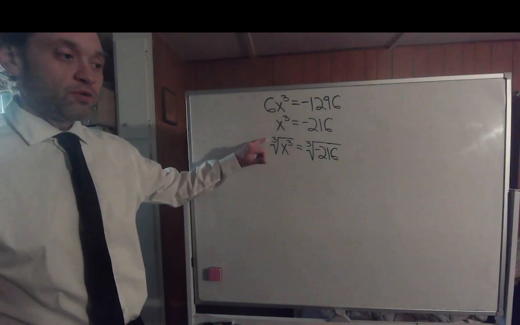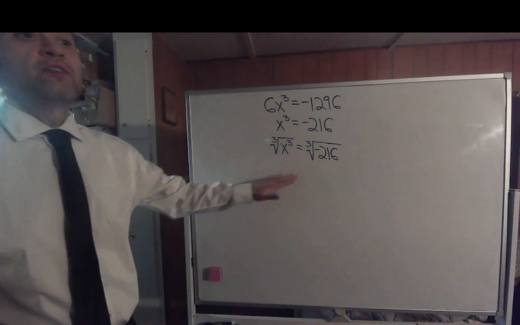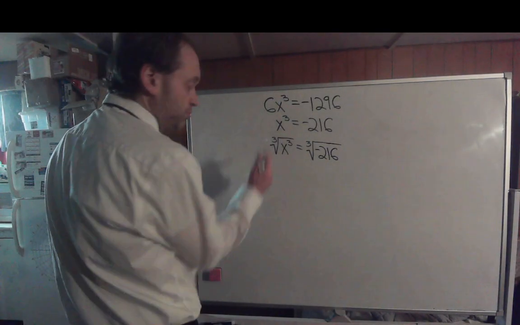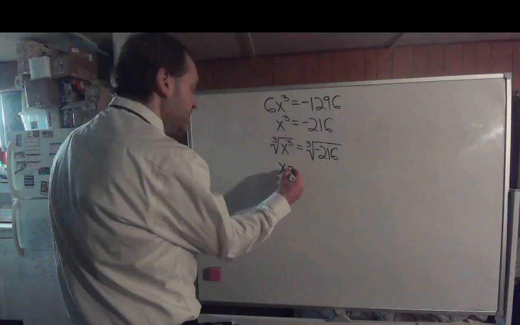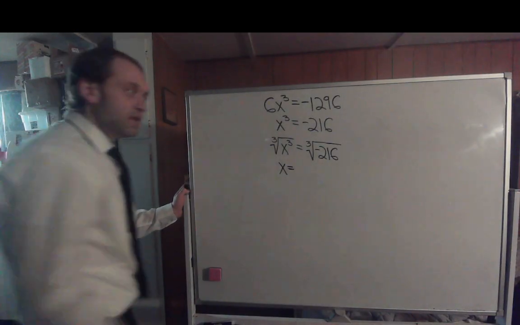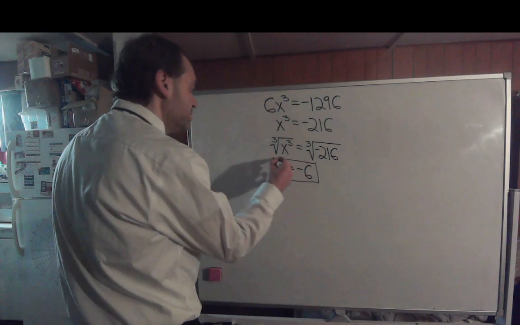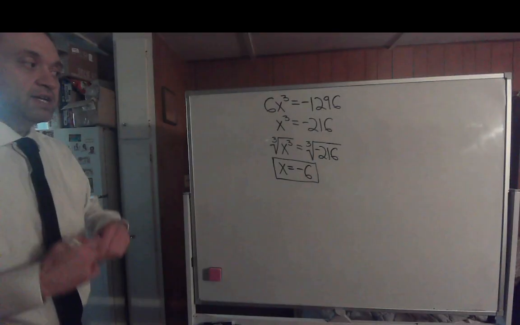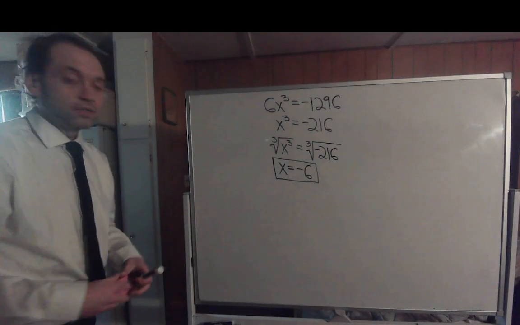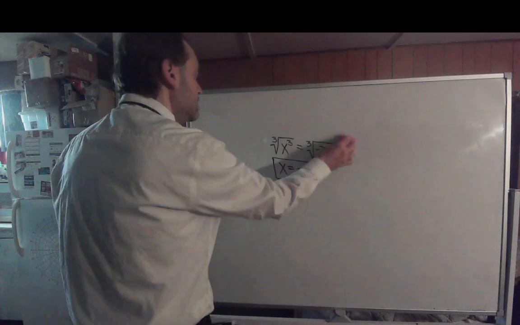If it's an odd power root with any real number under the radical, you'll have one real solution. So cube root of x cubed is just x. That's going to equal the cube root of negative 216, which should end up giving you negative 6. So x will actually end up equaling negative 6 in the end. All right, good one.